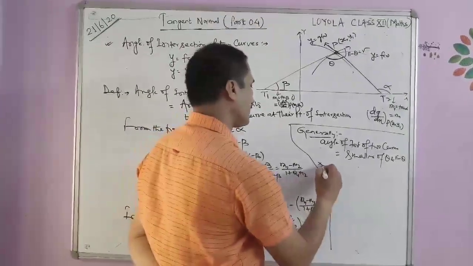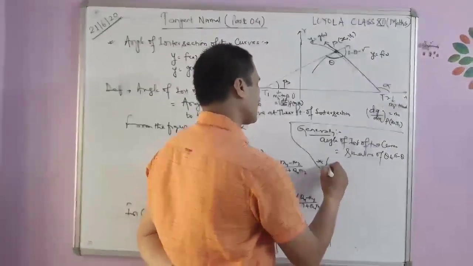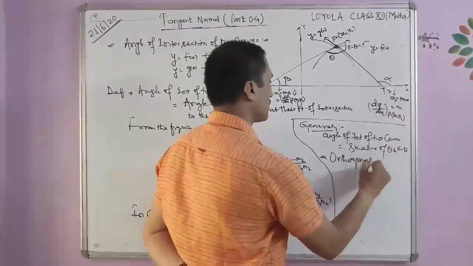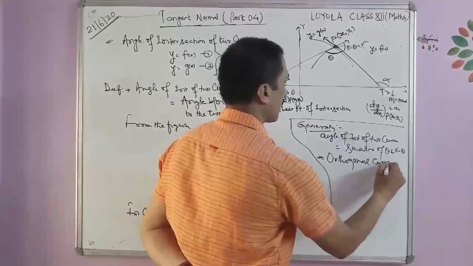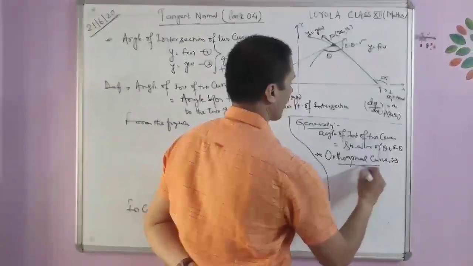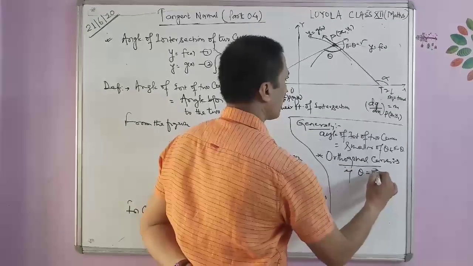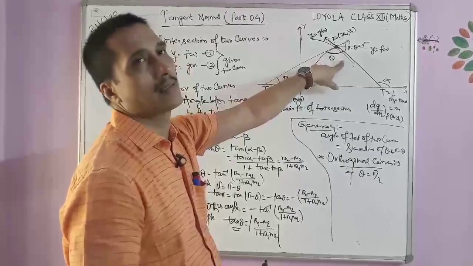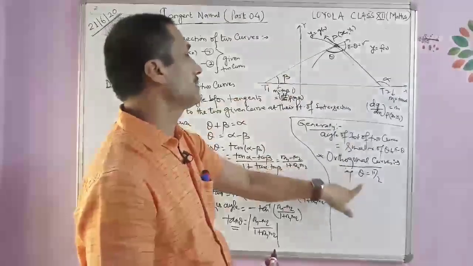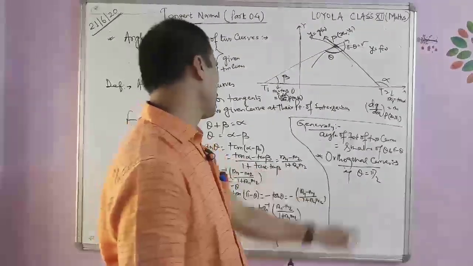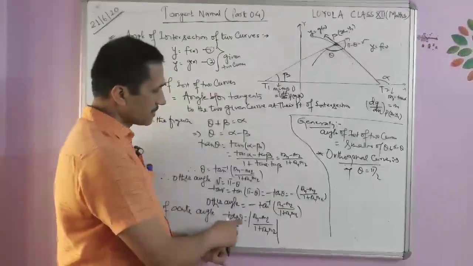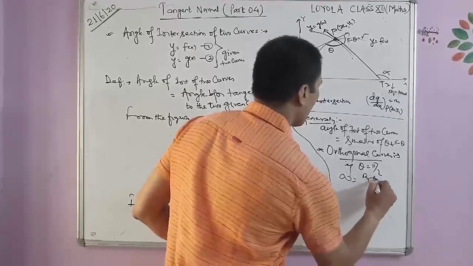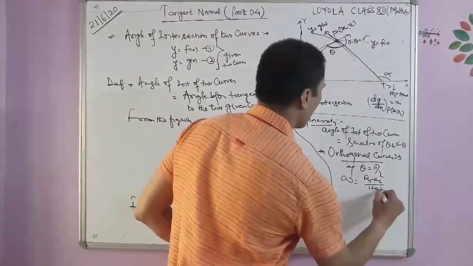Here a new term, orthogonal curves. If theta equals pi by 2, this angle theta between two tangents at the point of intersection of two curves is pi by 2. So tan pi by 2, infinity, equals m1 minus m2 divided by 1 plus m1 m2.